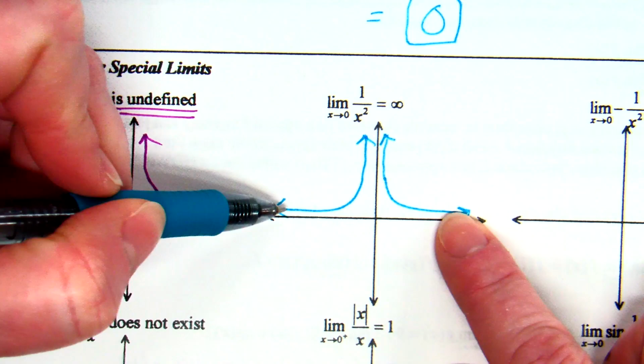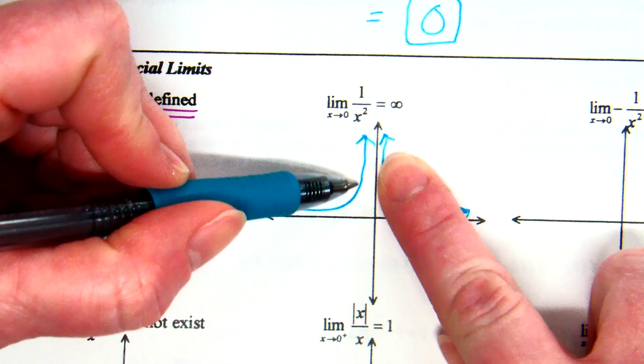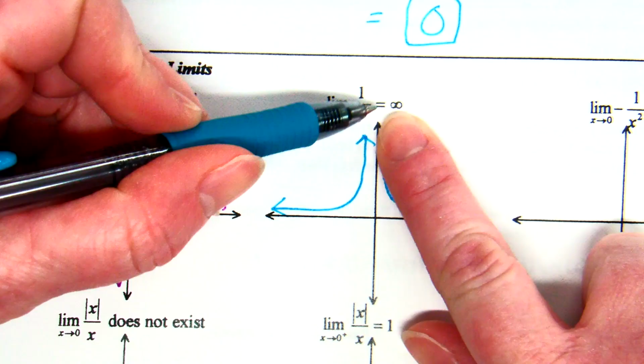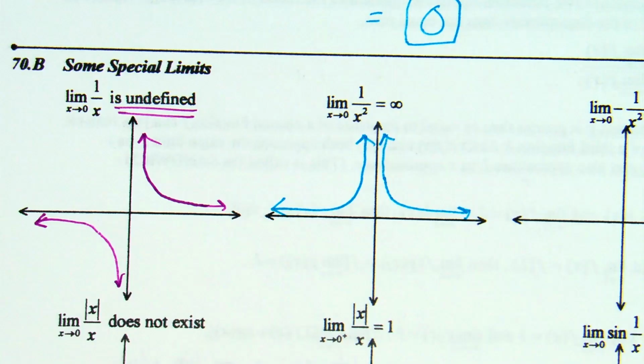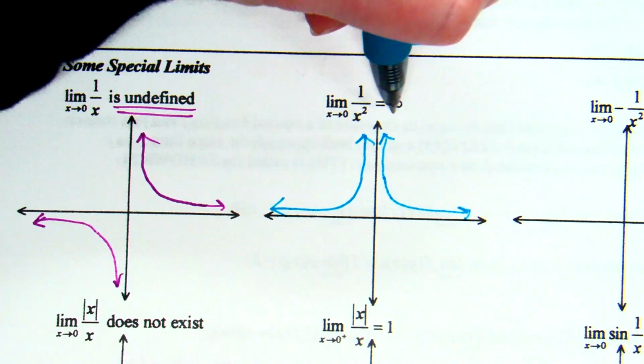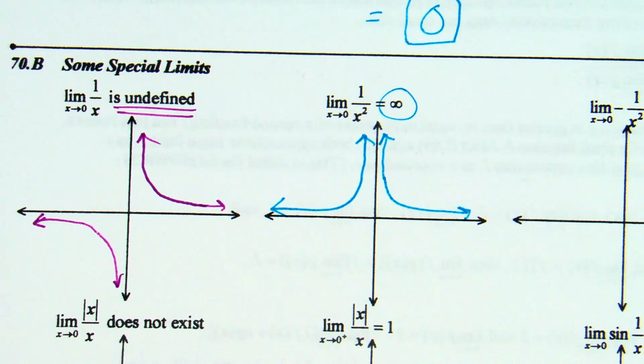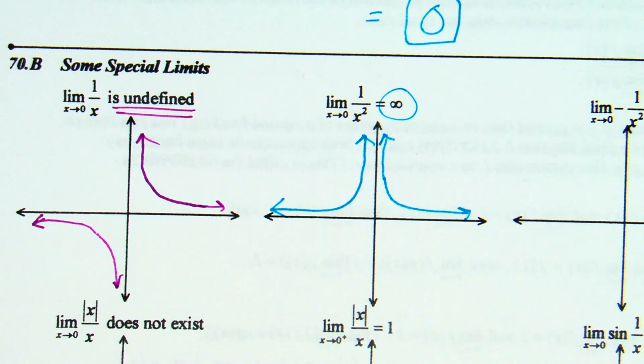As x approaches 0 from both sides, where's my graph going? They're both going up to infinity. So my limit does exist as infinity, because they're going the same direction. Remember, for a limit to exist, they have to be going the same place.